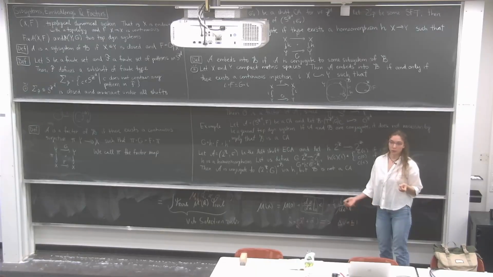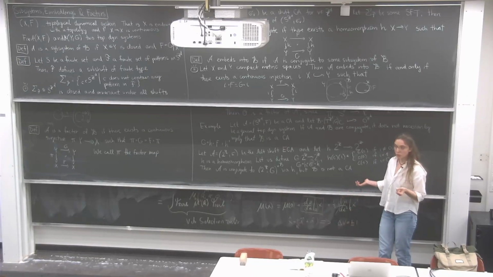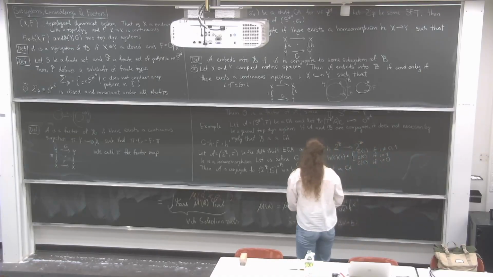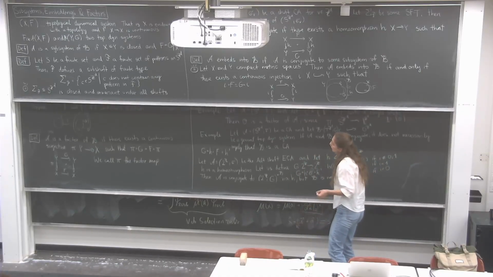So all we have to show is that there is some shift with which G does not commute, and use the Curtis-Hedlund-Lyndon theorem. So maybe we can have a look at what G really does.